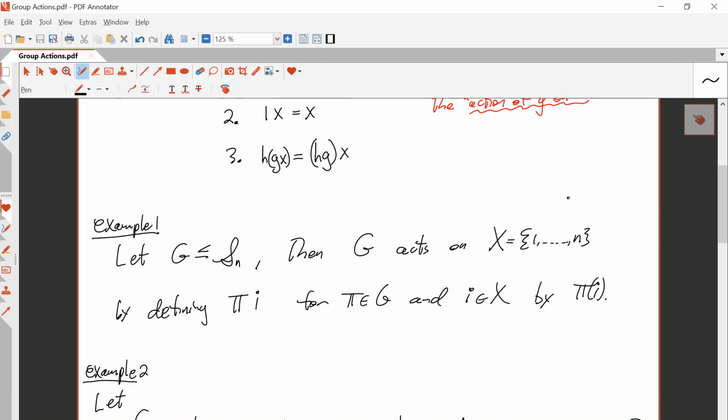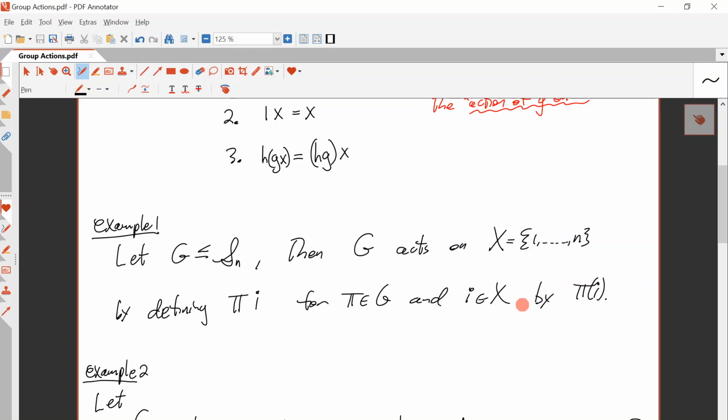Example. The basic example is, I mean, we've seen group actions already. It's really a generalization of what symmetric groups do. Let G be a subgroup of the symmetric group on n symbols. Then G acts on the set 1 to n by defining the action of pi on i as just pi of i.